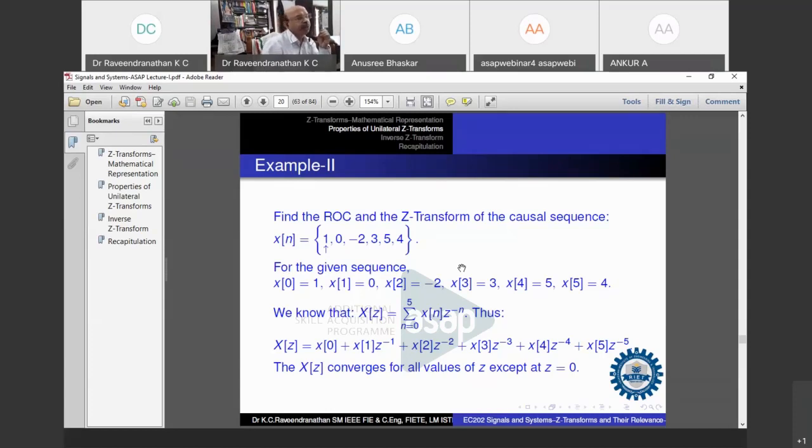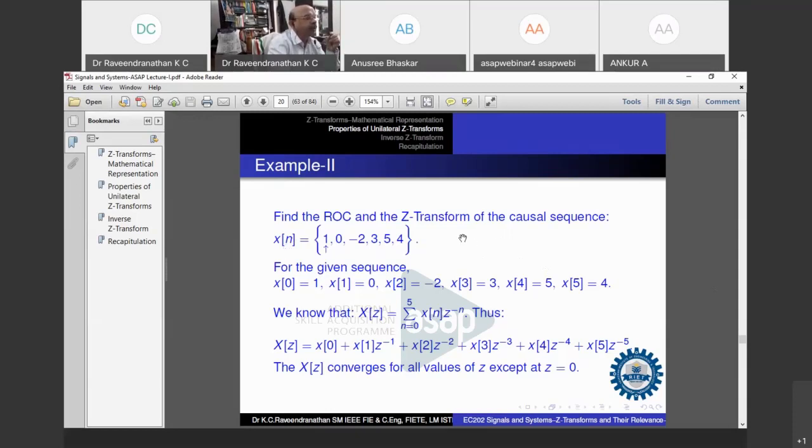Such kinds of questions can also be expected, because such things are always there in control system theory. In discrete time control systems, all these signals are discretized, right? They are x of n, h of n and all that.